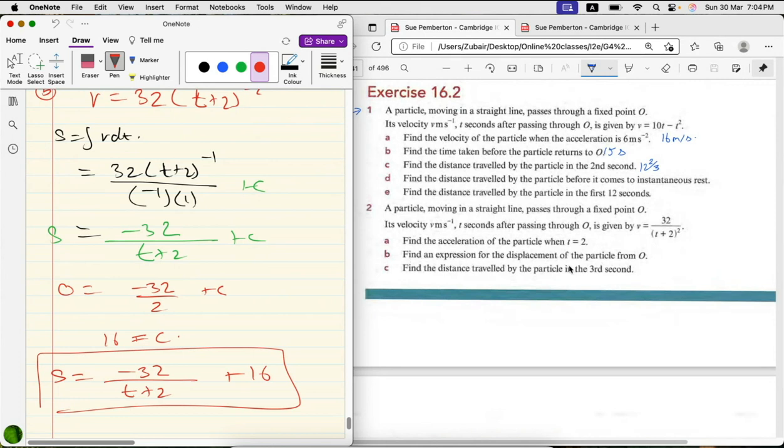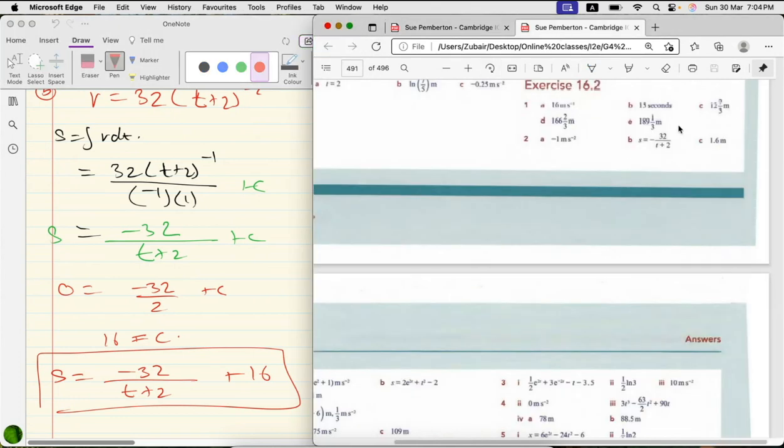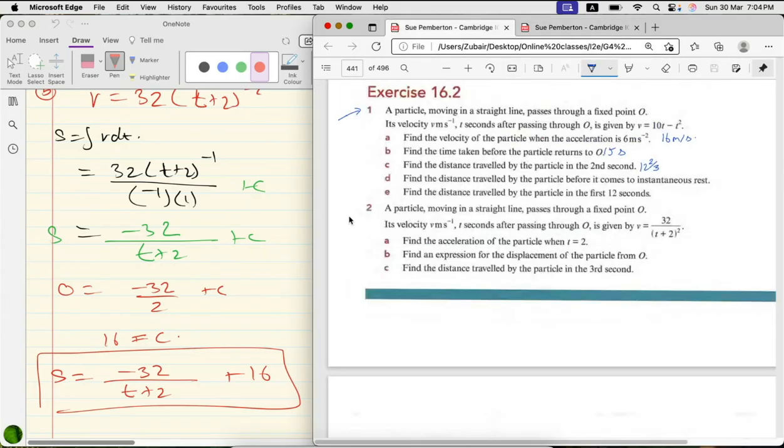Find the expression for displacement, second part. Minus 32 over t plus 2, why are we not having c? The particle is moving in a straight line passing through a fixed point O. Its velocity v meters per second.